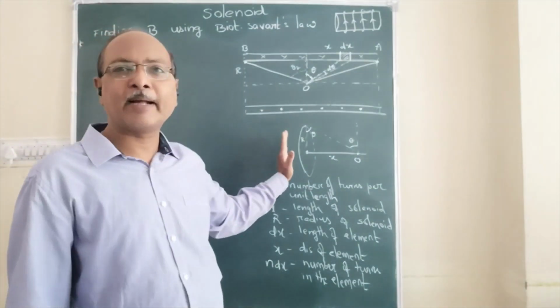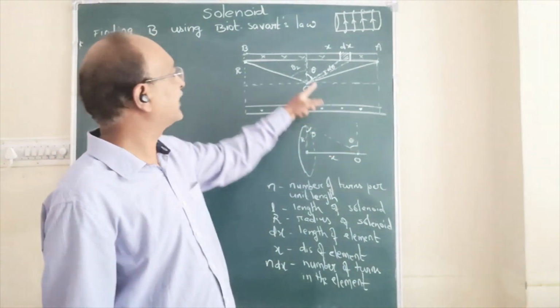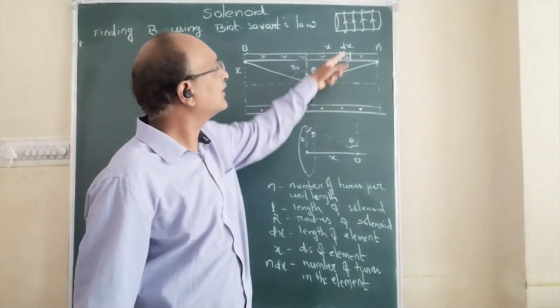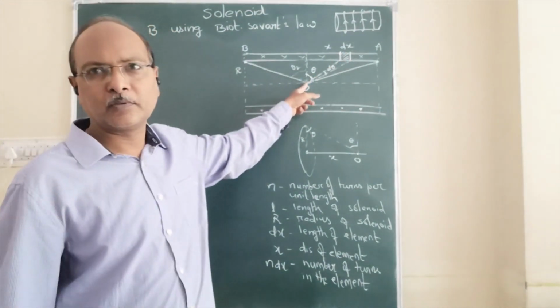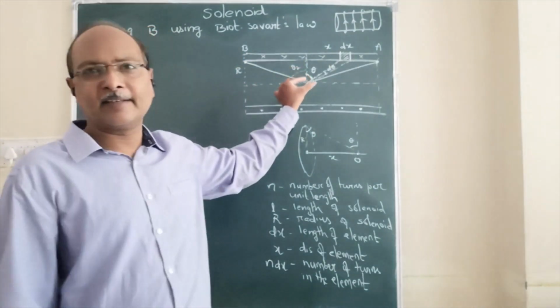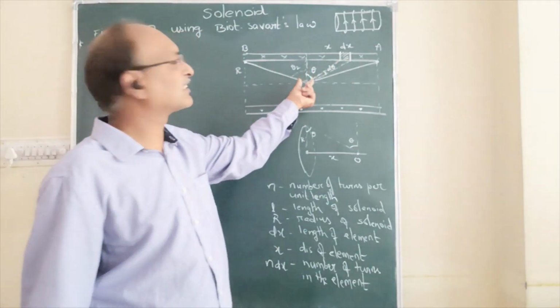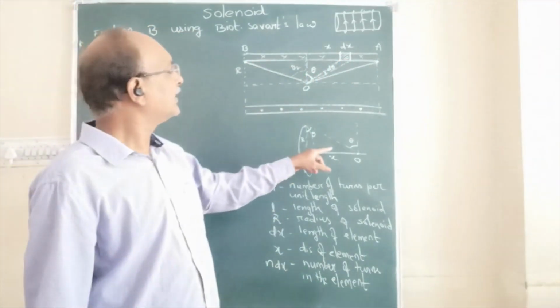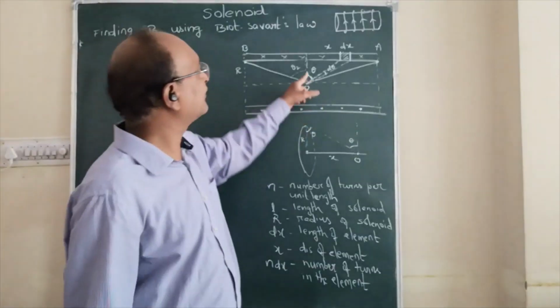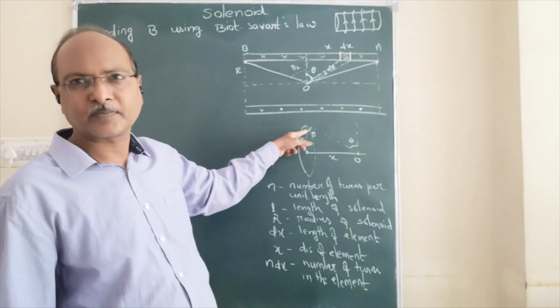Due to this element, we will be finding the magnetic field at O, here. Now, theta is the angle subtended by this element at this point. So this angle is theta, and this angle is also theta.